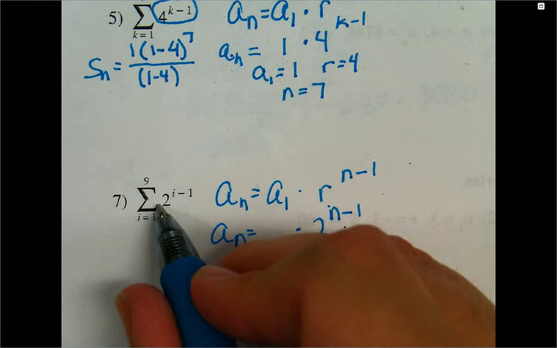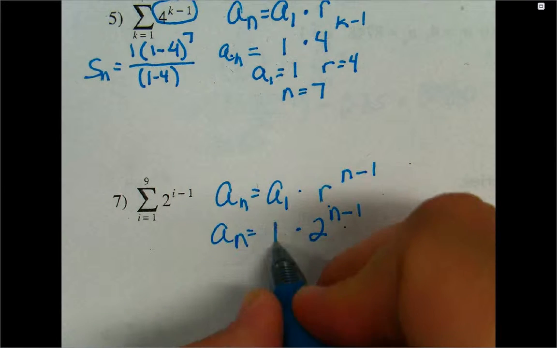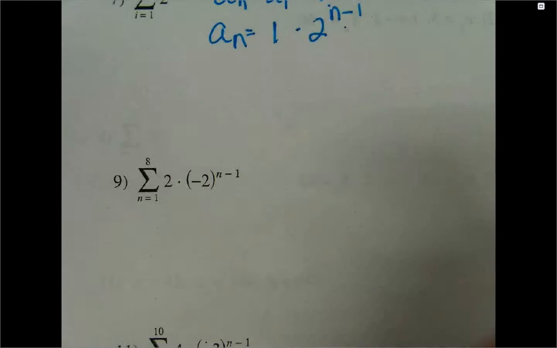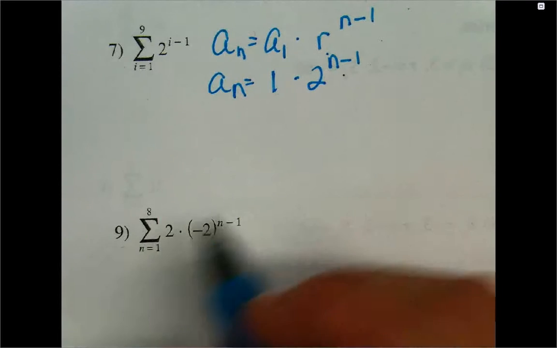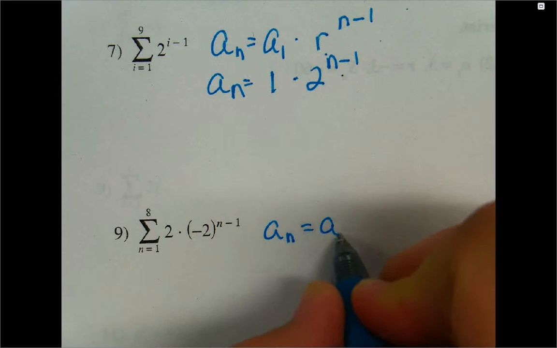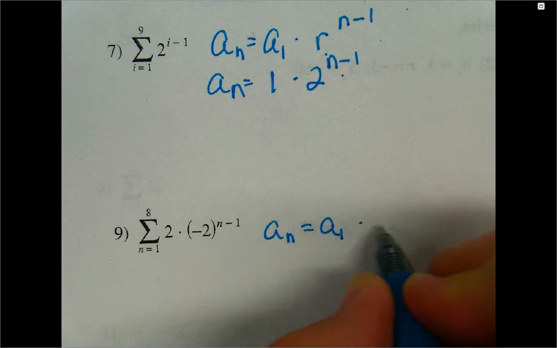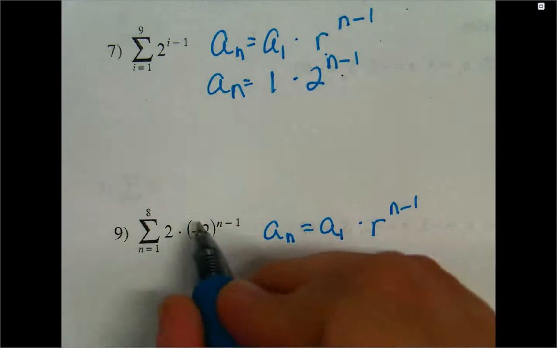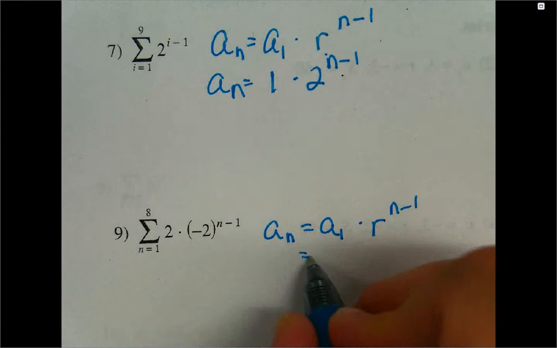No, so that's 1. If you look down at this next one, and we use a sub n is equal to the first term times r to the n minus 1, I have 2 times negative 2 to the n minus 1.